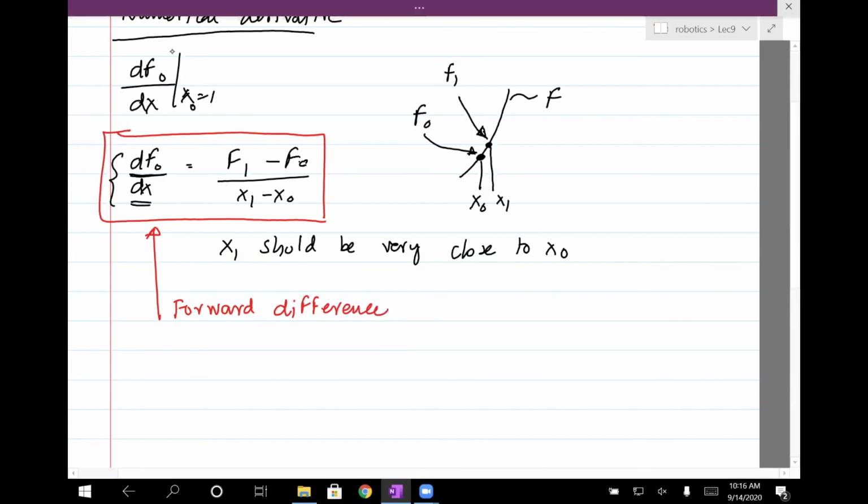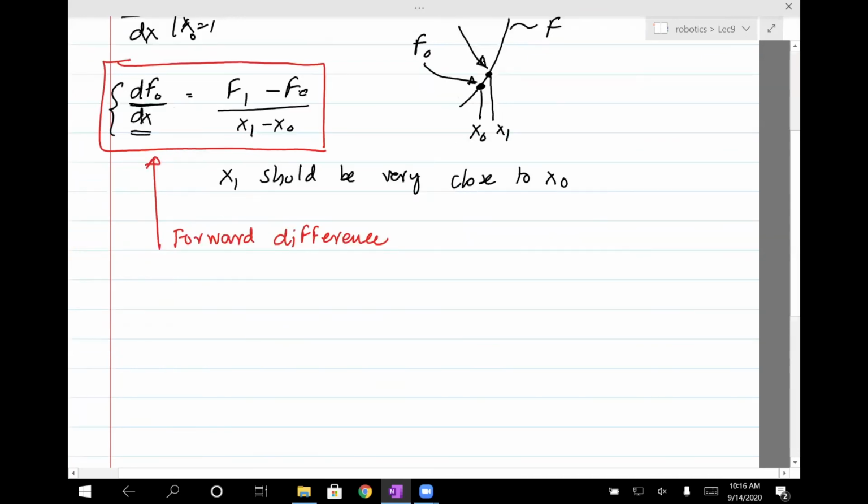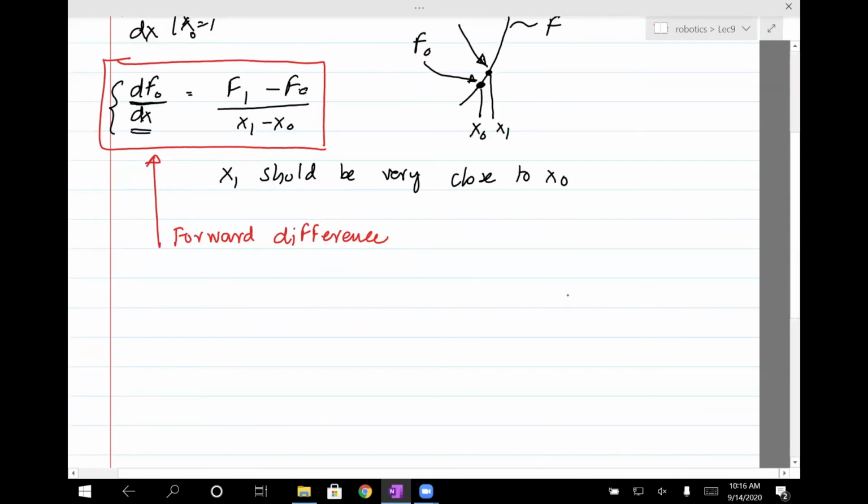There's another way, which is actually more accurate than this, called the central difference. So in the central difference, you have x2, x1. And then you find the value here, f2, f0, f1.